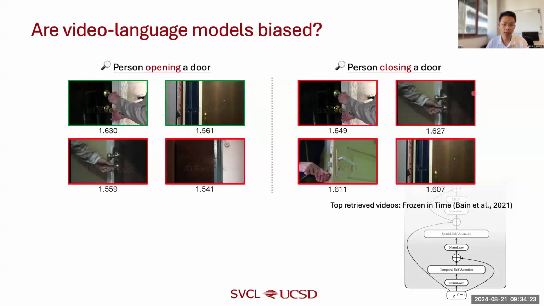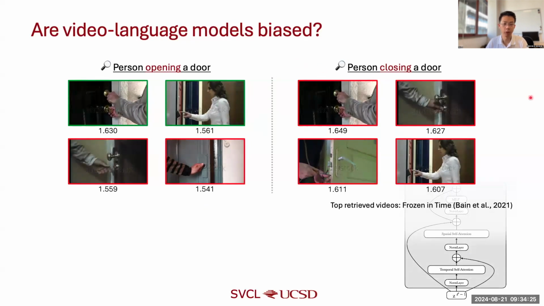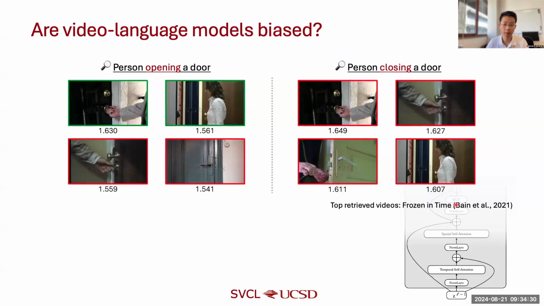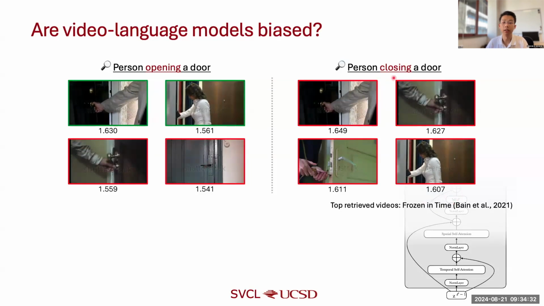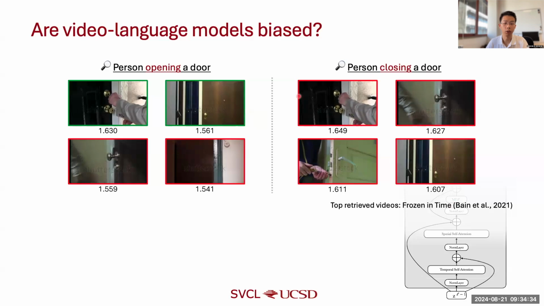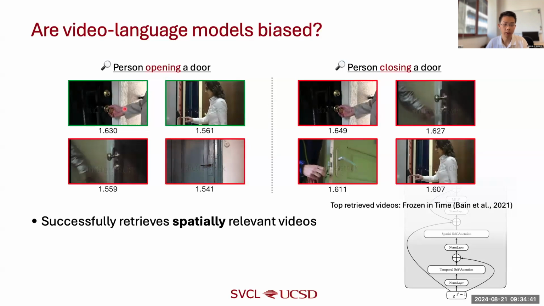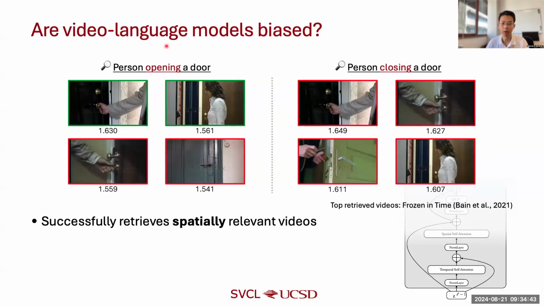We did a quick experiment with a text-to-video retrieval demo using one of the standard video language models called Frozen in Time, asking it to find videos of a person opening and closing a door. You can see that all the top retrieved videos contained doors that are basically spatially relevant to the queries.